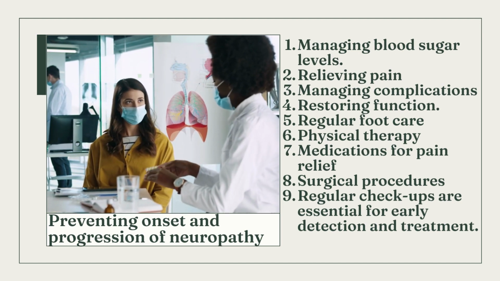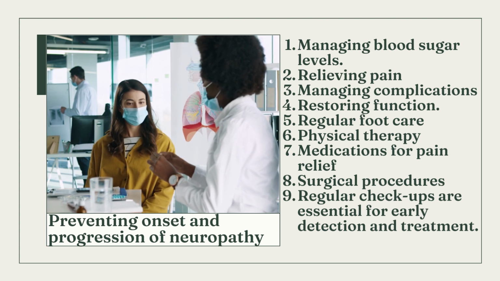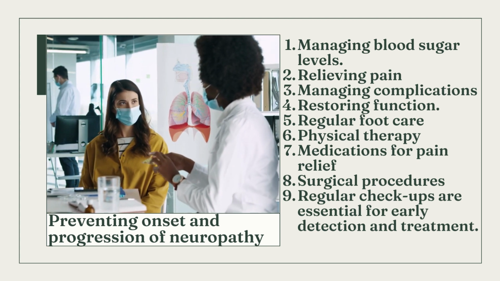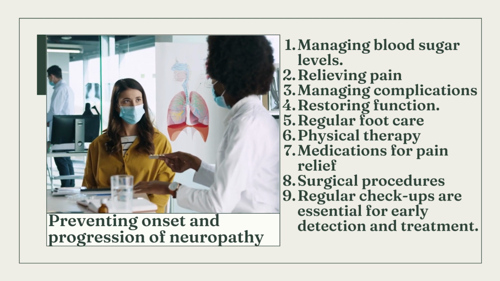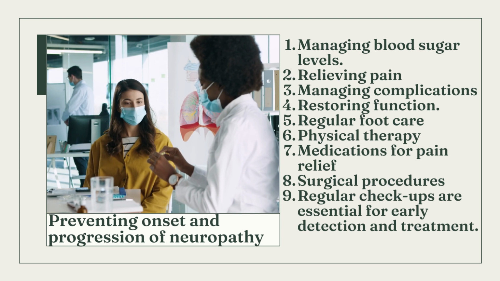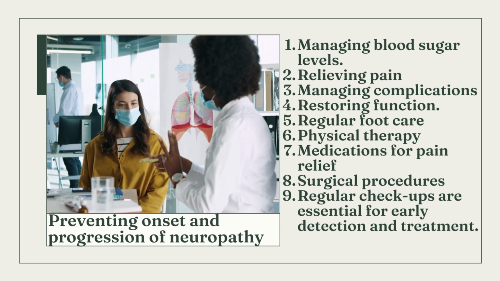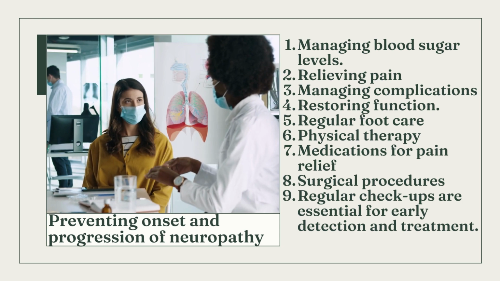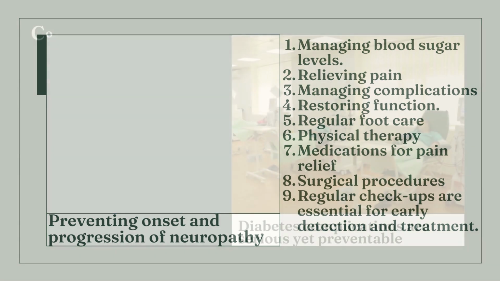Treatment typically focuses on slowing the progression of the disease, relieving pain, managing complications, and restoring function. Regular foot care, physical therapy, medications for pain relief, and in some cases, surgical procedures can be part of the management plan. Regular checkups are essential for early detection and treatment.